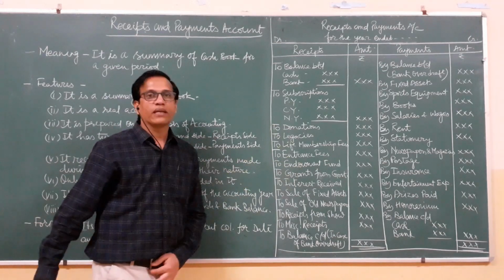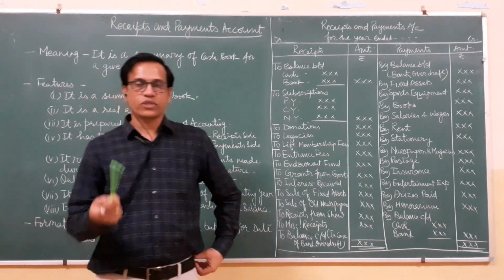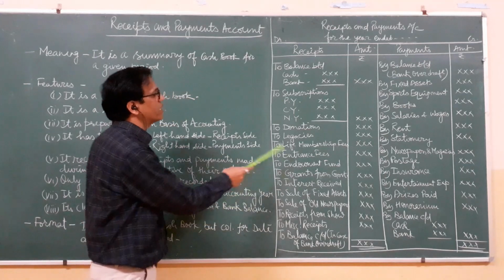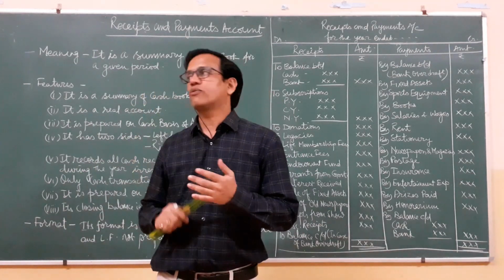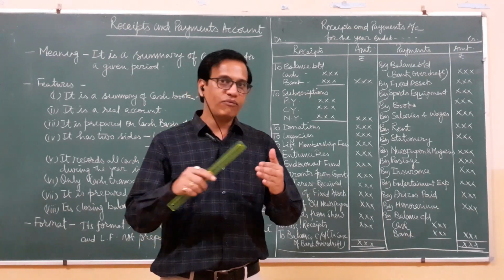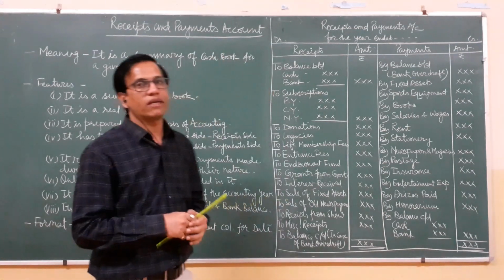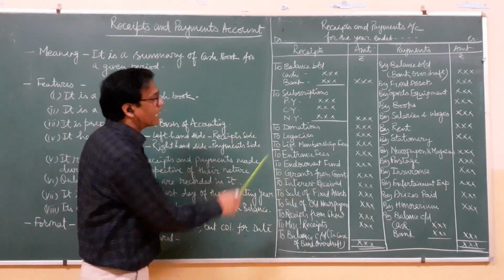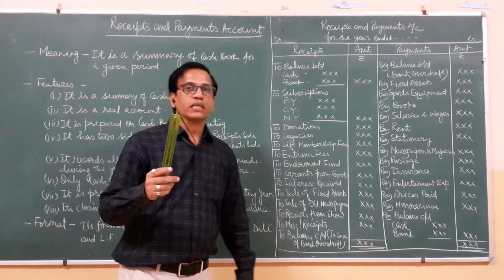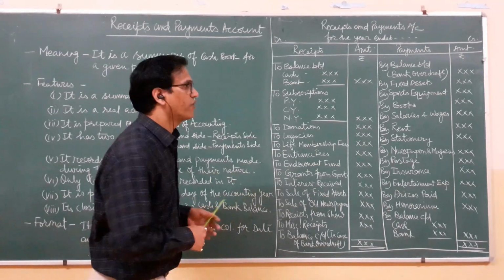Then entrance fee or admission fee, like schools take admission fee. Likewise, to become a member of this not-for-profit organization, a person may have to make payment of some admission or entrance fee. So that is taken as a revenue receipt. Grants from government may be received as general grants or specific grants.